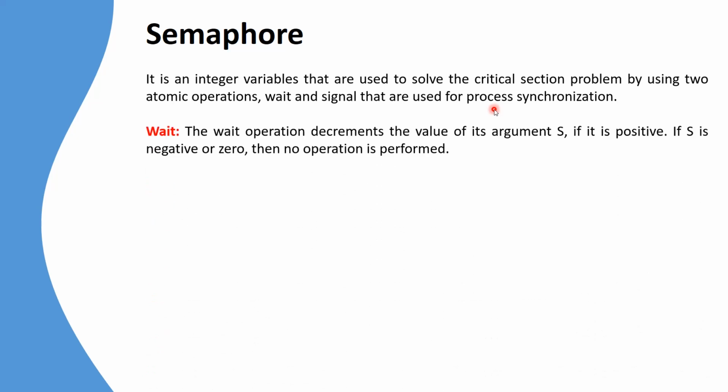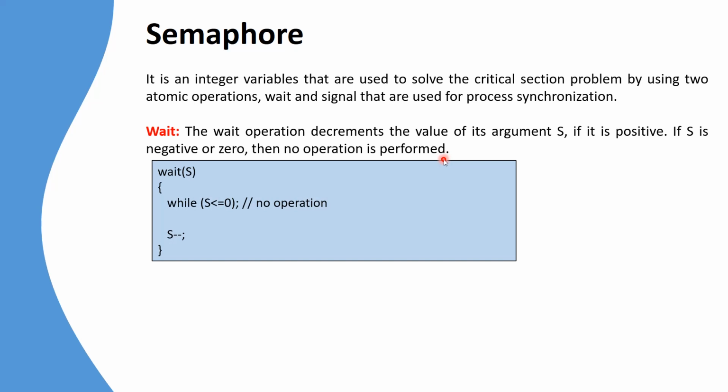So what is this wait operation? The wait operation decrements the value of its argument s if it is positive. If s is negative or 0, then no operation is performed. We can understand this by using this particular example. It takes an integer value, where s represents the semaphore value, so it may be either 1 or 0.